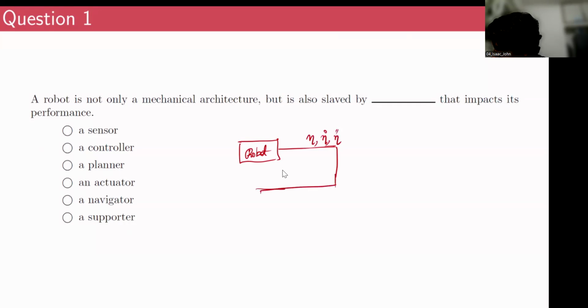We can measure everything using the feedback from the sensors. And this can be compared. The actual coordinates can be compared with this, the controller.